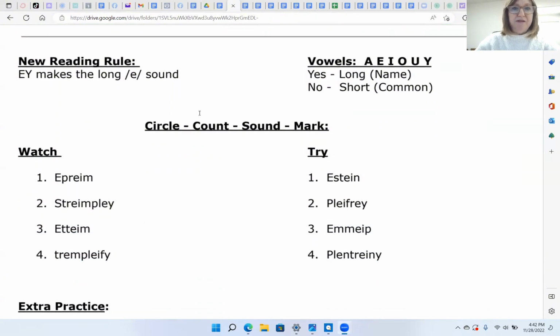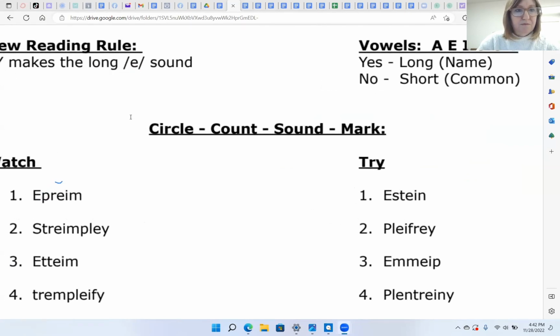And I'm going to circle the vowels. This is E month. We're closing in on the end of E month, so we have these rarer rules, but we already know what to do with this one. So we tap 2.